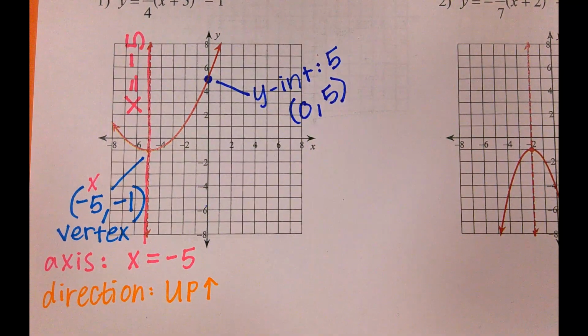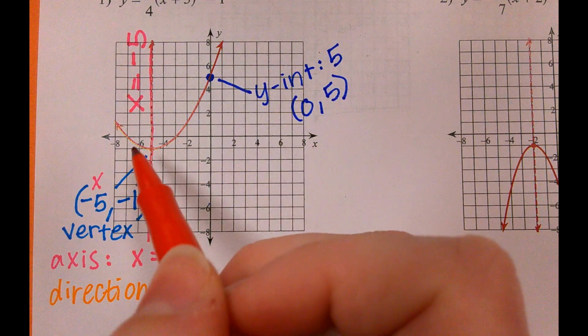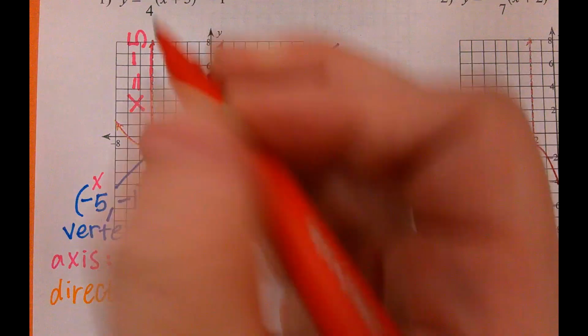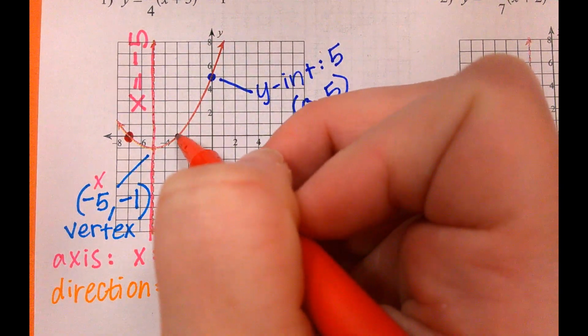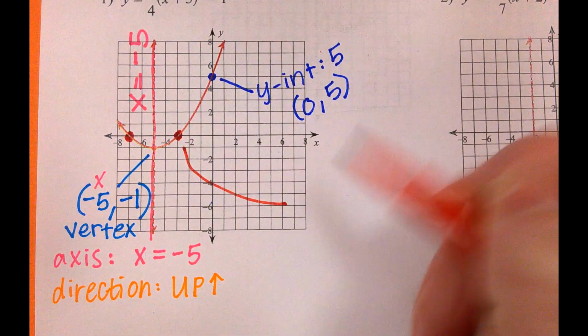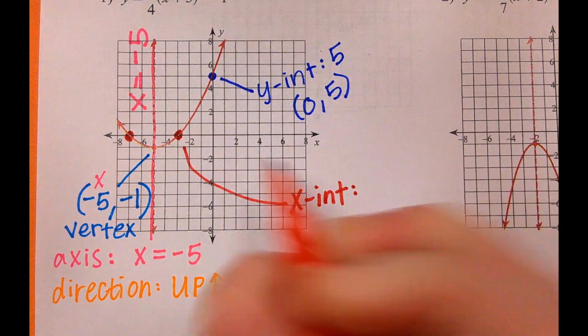Okay, and then last but not least, let's identify our x-intercepts. Where do we touch the x-axis? -7, -3. Yes, -7 right here, between -6 and -8, and -3, right in between -2 and -4. So I'll write over here x-intercepts.